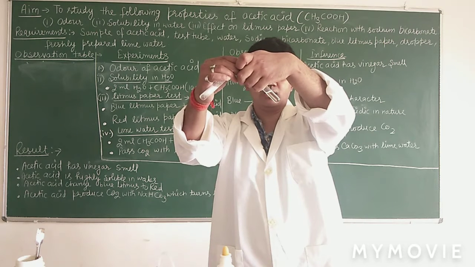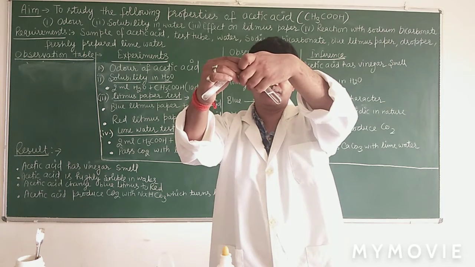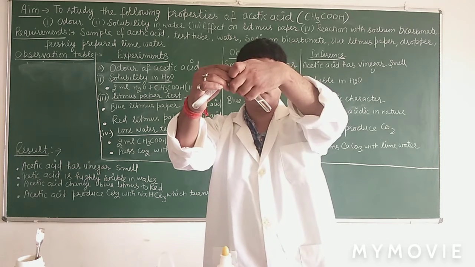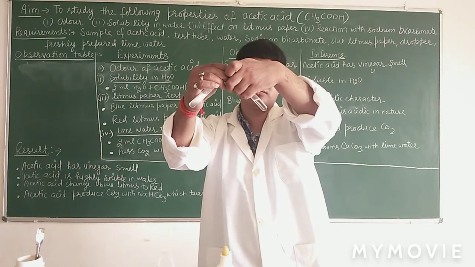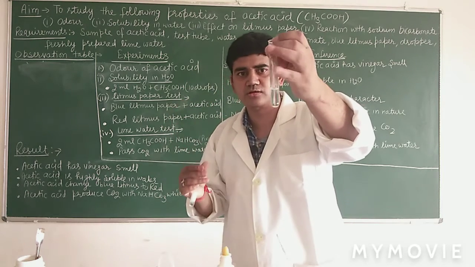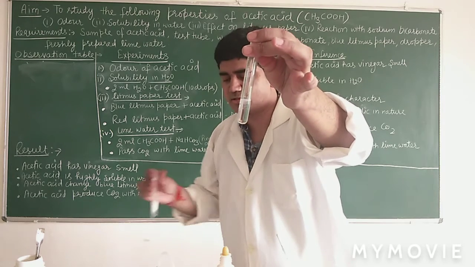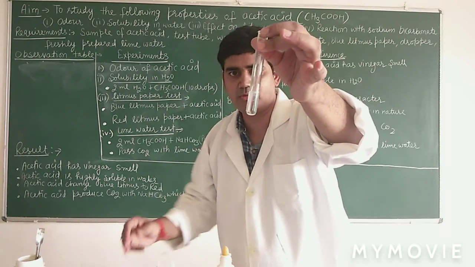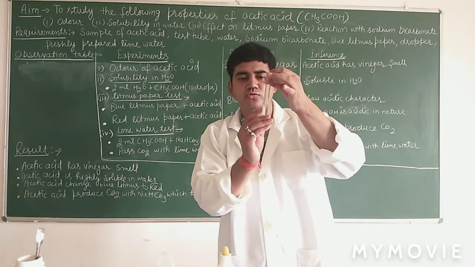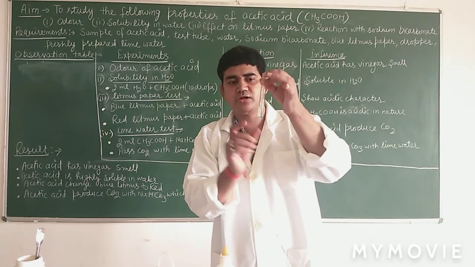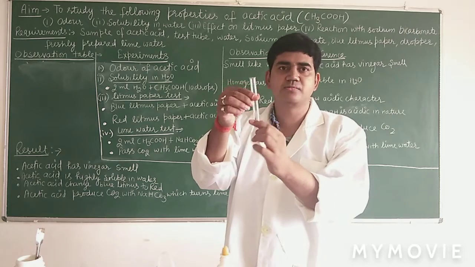Alright, you can see here it turns milky. A milky appearance on the surface is observed here. Now you can see it is a clear milkiness. The milkiness is basically of calcium carbonate. The calcium carbonate is formed in the test tube, that is why it appears milky in nature.